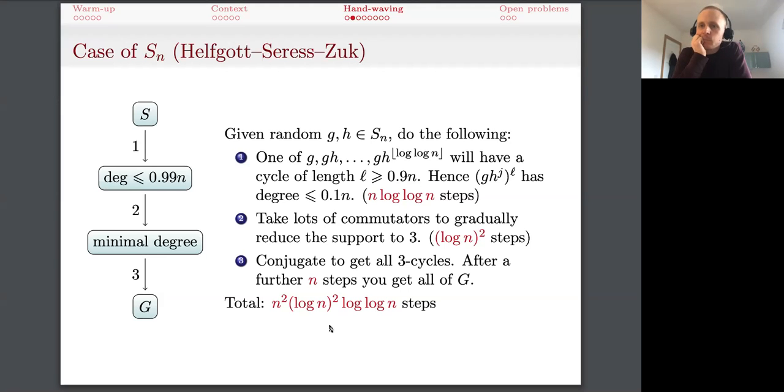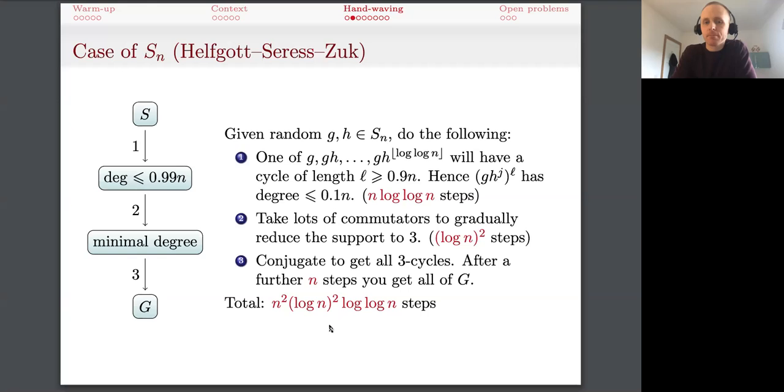This is interesting because that's probably the best you can do for any argument that says, let's first find an element of minimal degree, and then once we have it, we'll get everything else. Because you don't expect to get an element of minimal degree before n log n steps, and then there's another n steps to go. And the minimum is n squared.